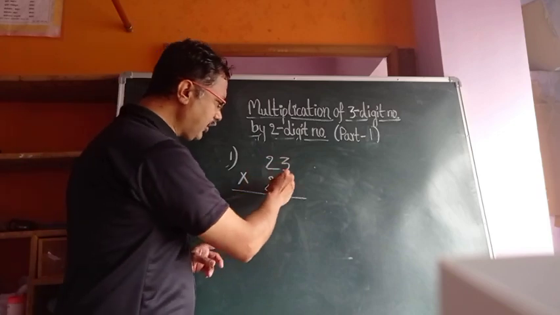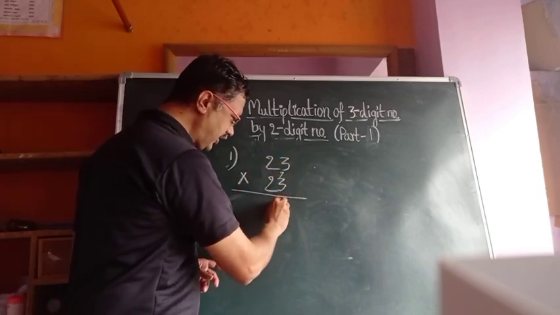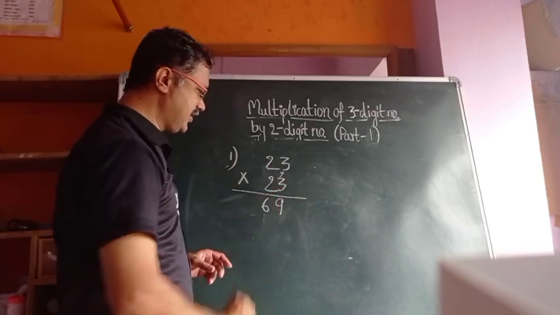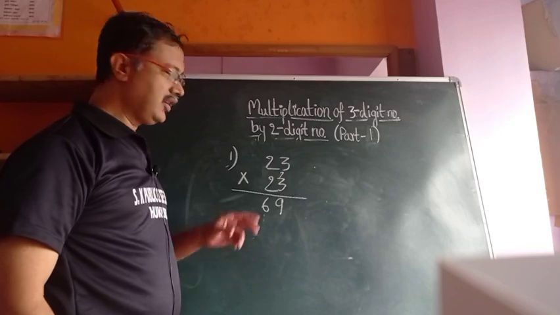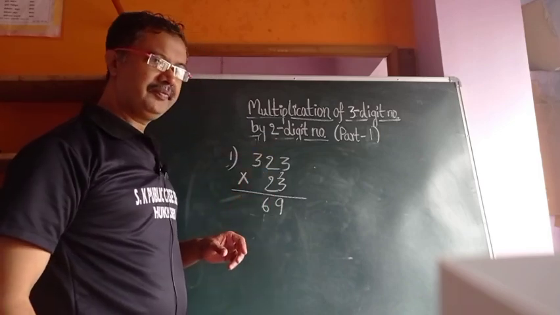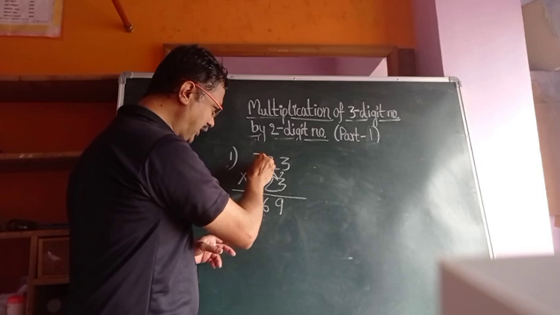Now what we have to do? Here we are multiplying 3 into 3, 9, 3 2s are 6. Now we have to insert here. Now it becomes 3-digit. Same method you have to apply.